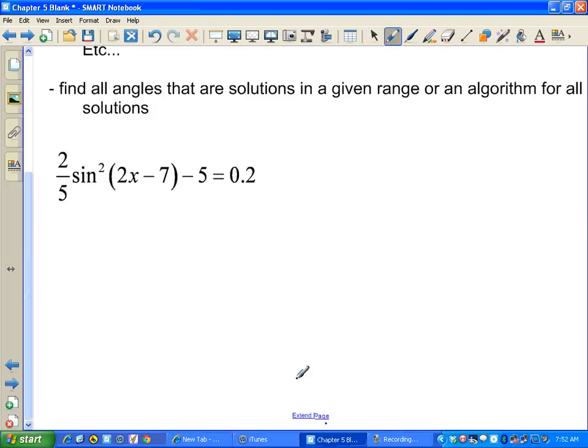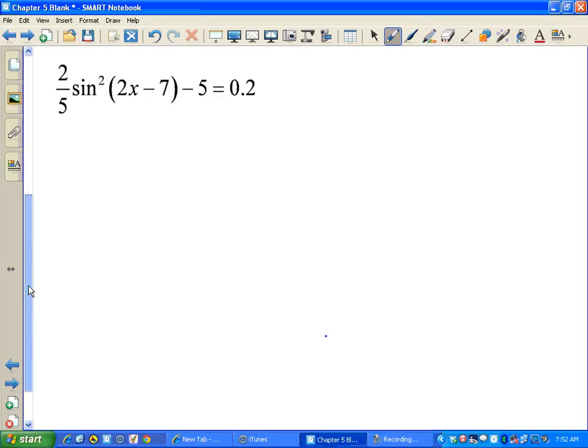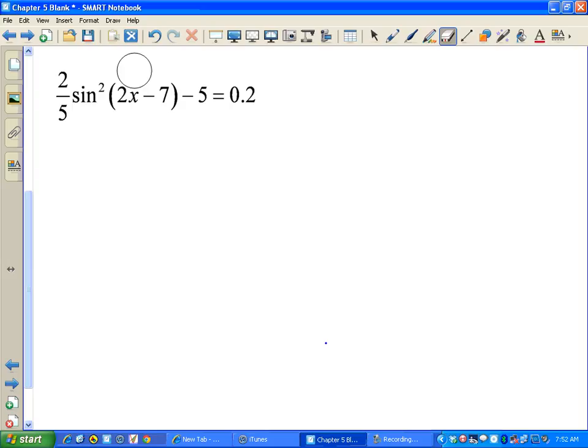So here's my first example. When we're solving this one, we're just going to go through the steps. When you're solving an equation, you're trying to get x alone. And the way you do that is to do the inverse operations as they come.